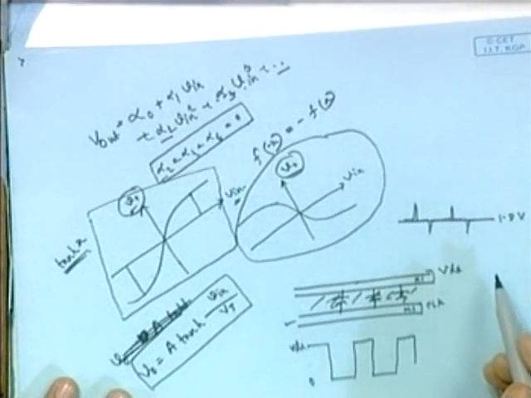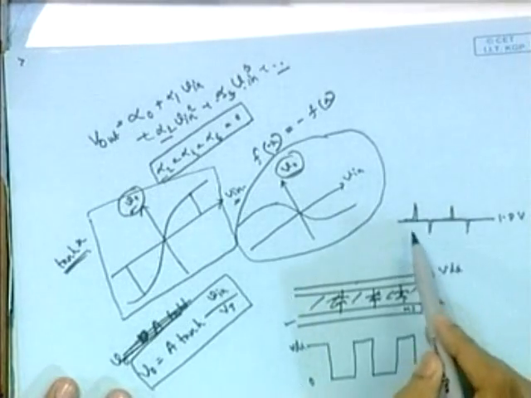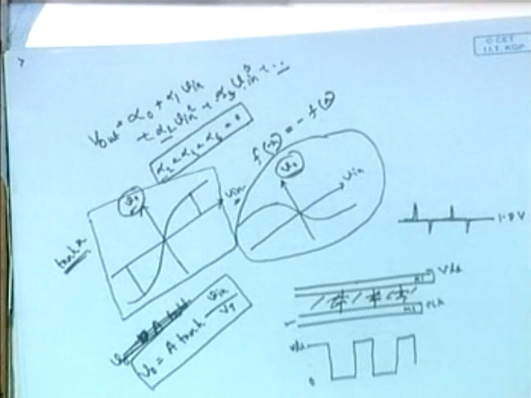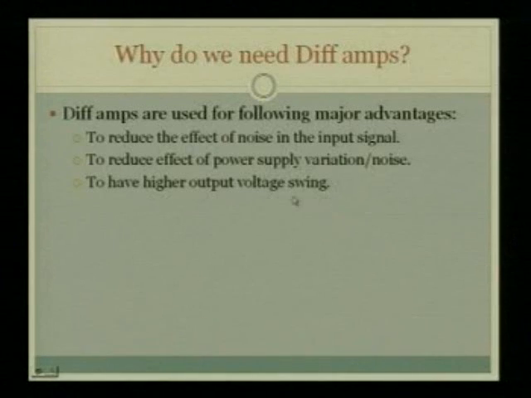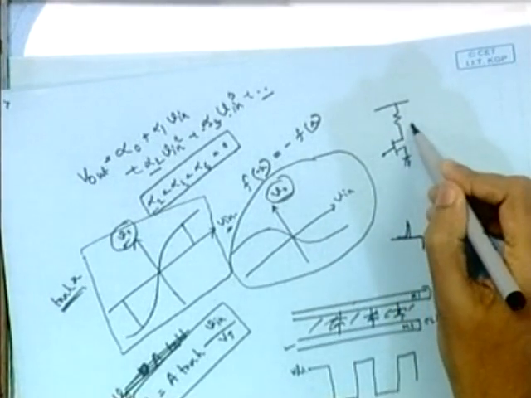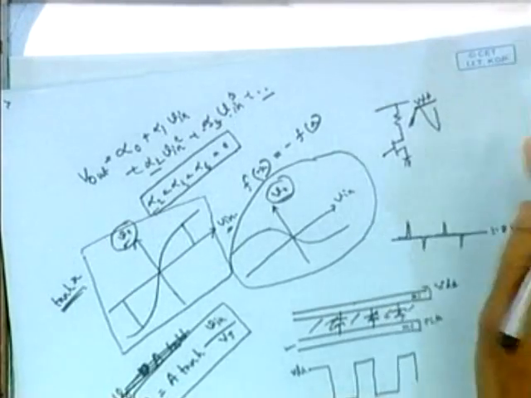So our differential amplifiers have a special property: they reject such power supply variation or noise in the power supply line. And also we have higher output voltage swing. Suppose this is our single stage amplifier, we can have a maximum swing of, say, VDD/2, maximally VDD/2.